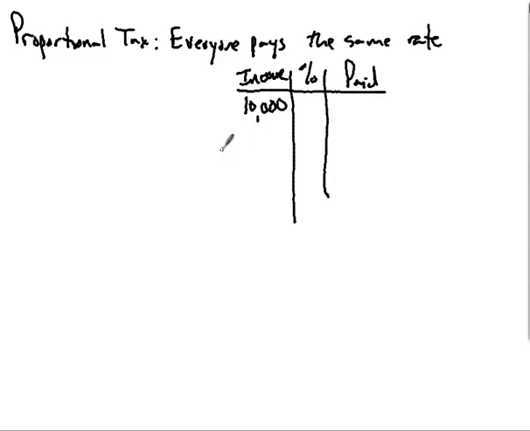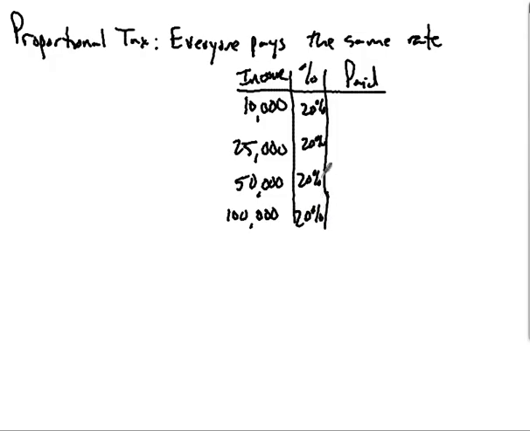So we had someone making $10,000, somebody making 25,000, 50,000, and 100,000. If this is a proportional tax, everybody's going to pay the same percentage. Let's just say it's 20%, 20% there, 20% there, and 20% there.